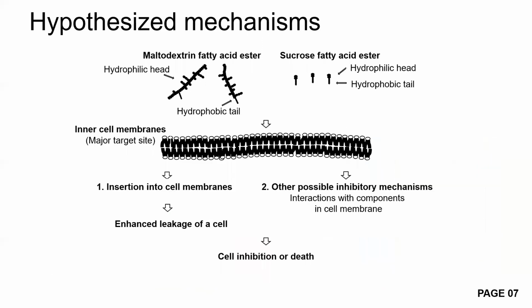Based on my results and previous literature, I suggested the possible inhibitory mechanism. Both compounds may mainly target cell membranes, and on this occasion, compounds can insert into cell membranes, increasing membrane leakage, or these compounds can interact with other membrane-related components.